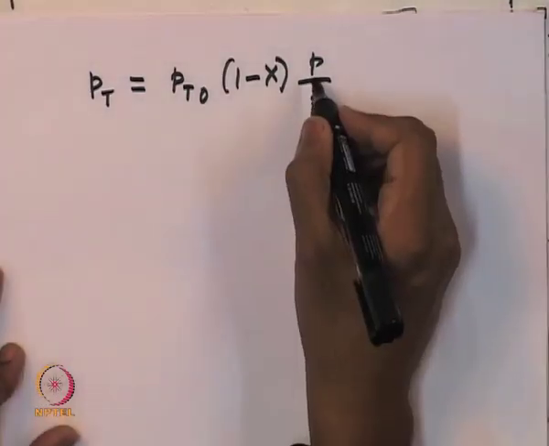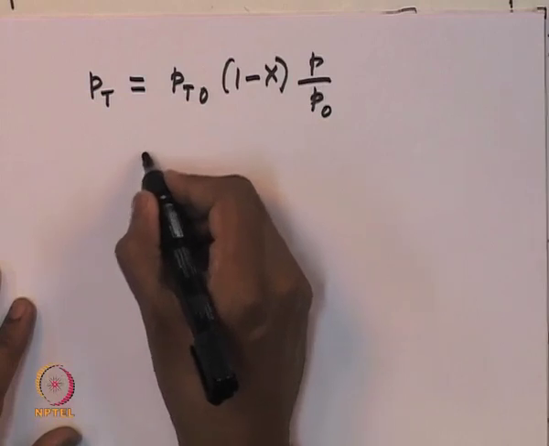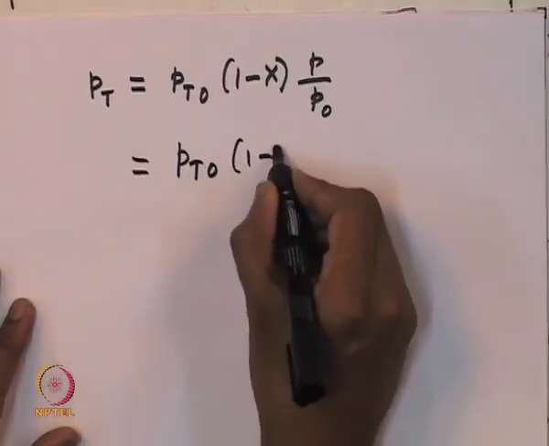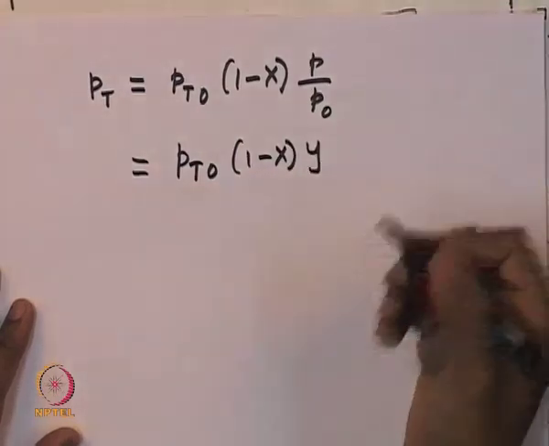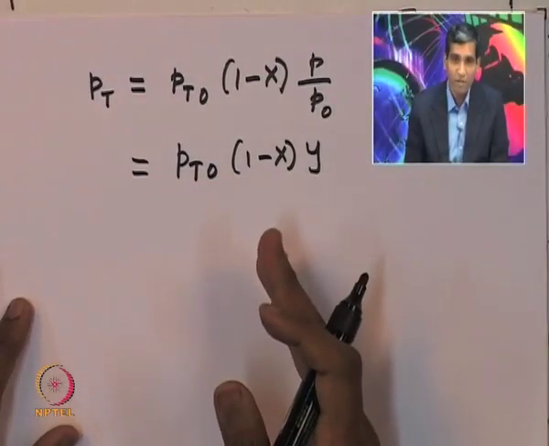Now, P is essentially the pressure at that particular location, so if I call that y, then you can write this as P_T0 times (1 minus x) times y, which is the ratio of the pressure at that location divided by the total inlet pressure.